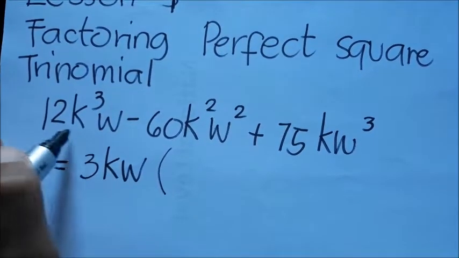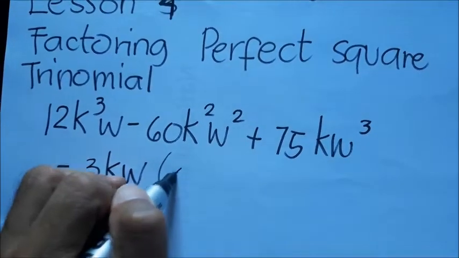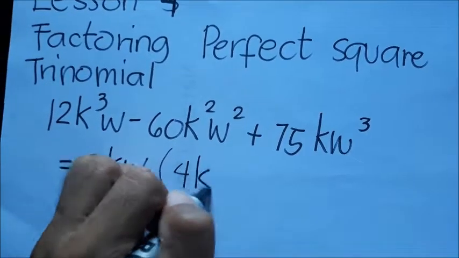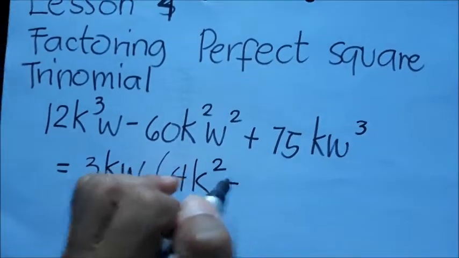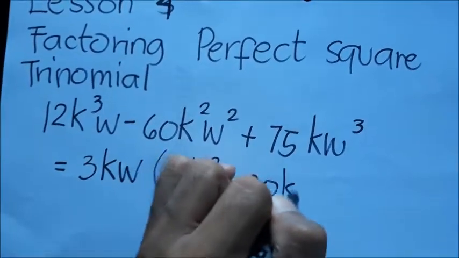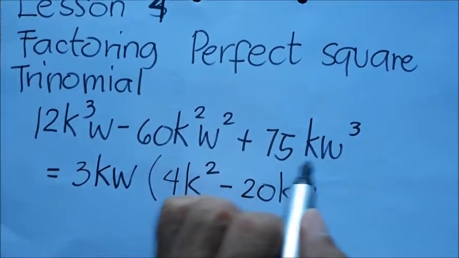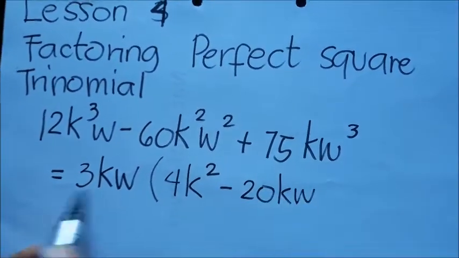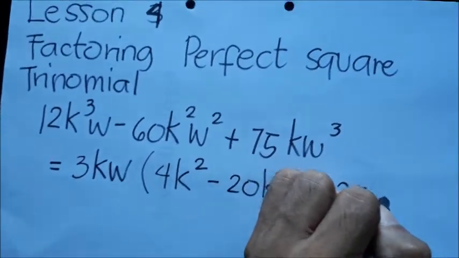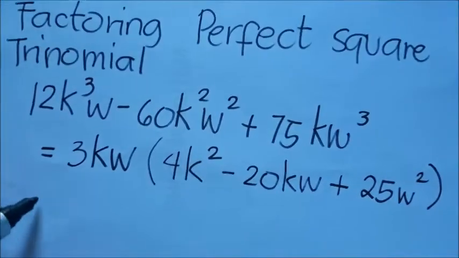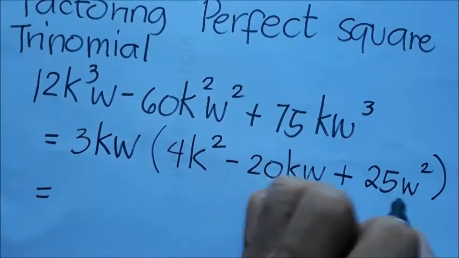So ito, i-divide mo dito, ang makukuha mo is 4k squared. Ito, i-divide mo dito, ang makukuha mo is negative 20kw. Then yung 75kw cubed, i-divide mo dito, ang makukuha mo is plus 25w squared. So ayan, ito yung GCF, this is the other factor.